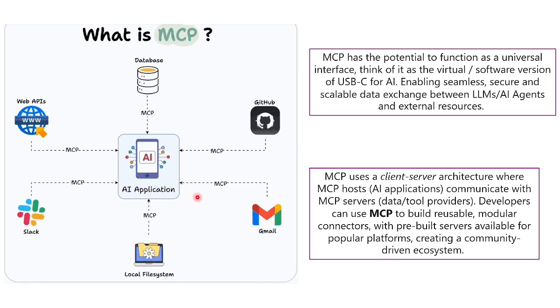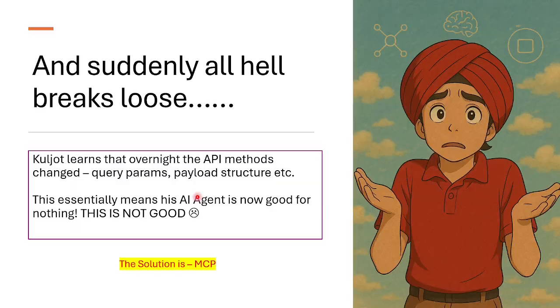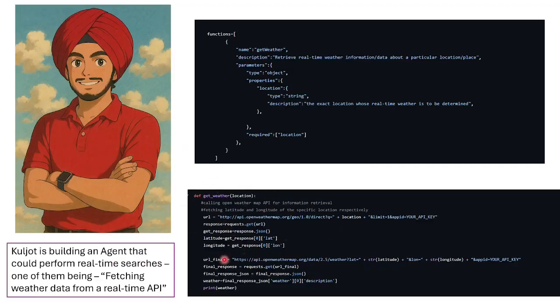And all in all, the solution that MCP puts forward is that the API call that you saw right now wouldn't have to be written in your custom Python code by you as a developer. Now, what would essentially happen is you would receive an MCP server, and this MCP server will be developed by the developer who is developing that API or by the maintainer who is maintaining that API.